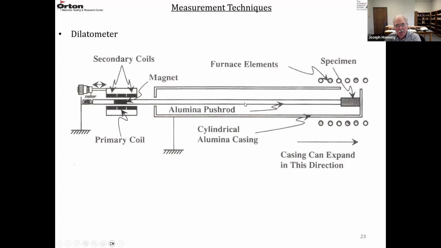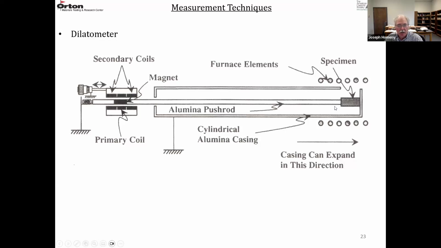So the idea here is that the rod and the case heat up uniformly, and the expansion from here to the sample cancels out. And then what you actually measure is the difference between the sample and the identical length of the tube. Ideally, the rod and the holder heat up uniformly and cancel out, but that doesn't really happen in reality.